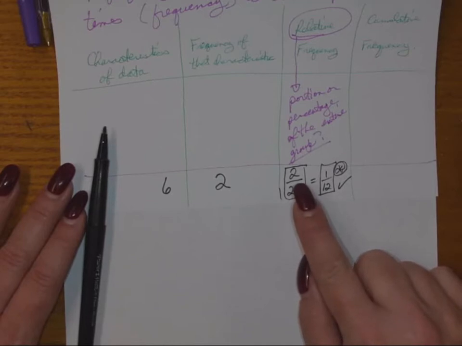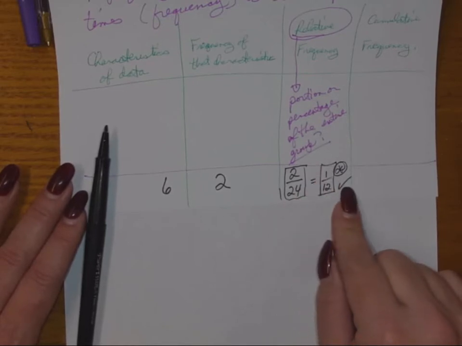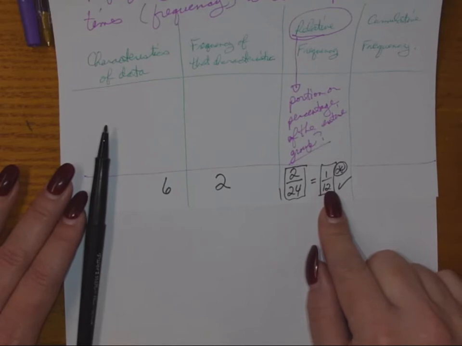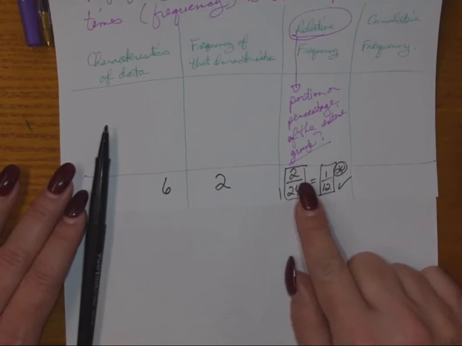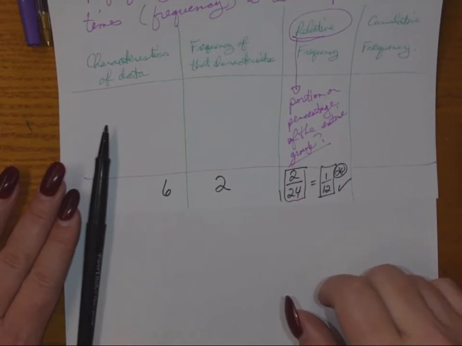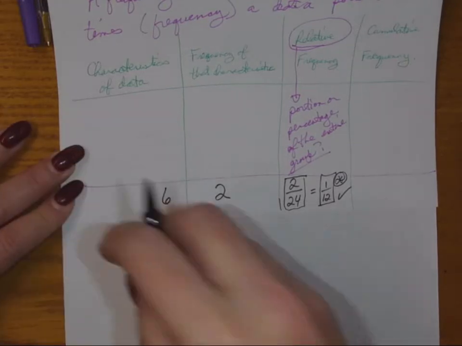So in statistics, a lot of times we are okay if you leave something in a not reduced fraction. Reducing it is mathematically the best answer, but in statistics, and I'll show you what I mean in a minute, a lot of times we will not reduce those. So just be aware that that's out there, and don't be freaked out if I give you a not reduced fraction, okay?